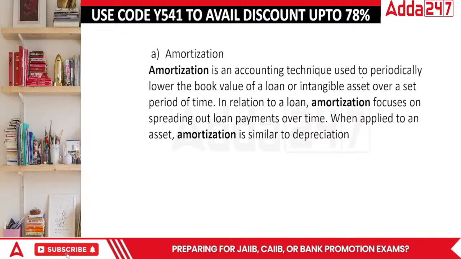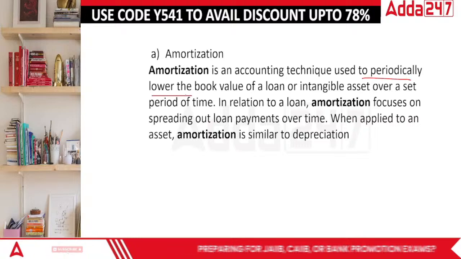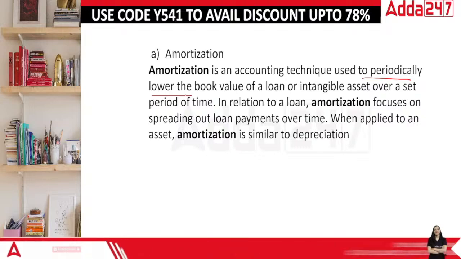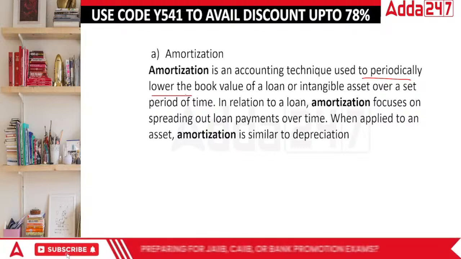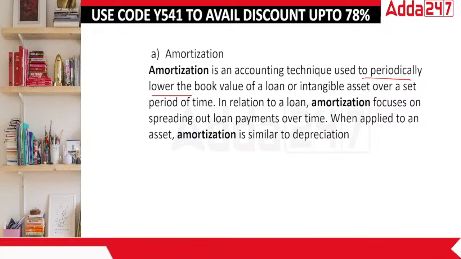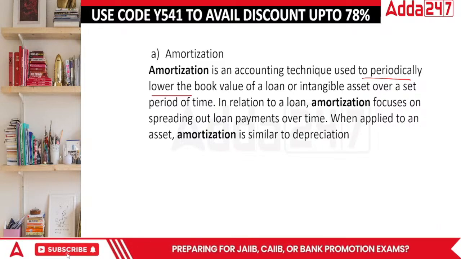Amortization is an accounting technique used to periodically lower the book value of intangible assets, for example patent, trademark, copyright. In relation to a loan, amortization focuses on spreading out loan payments over a period of time. So the reduction in the value of the asset can be covered here.